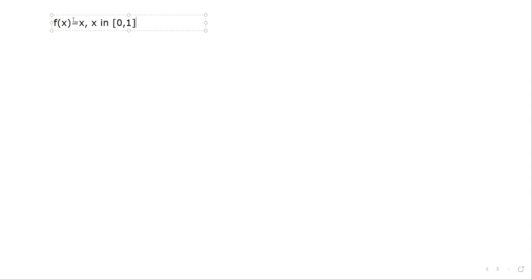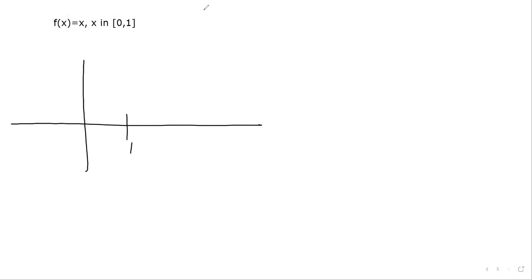Now we want to get it on both sides of the x-axis. So we're starting with this. There are several ways we can do this, starting with this same basic beginning spot.